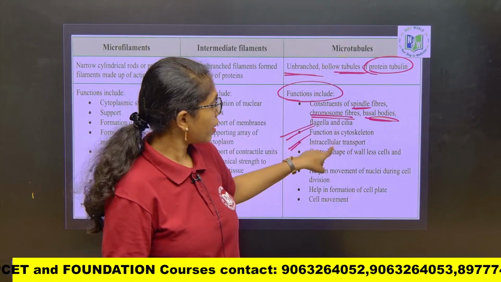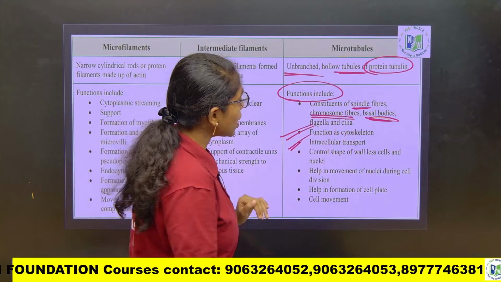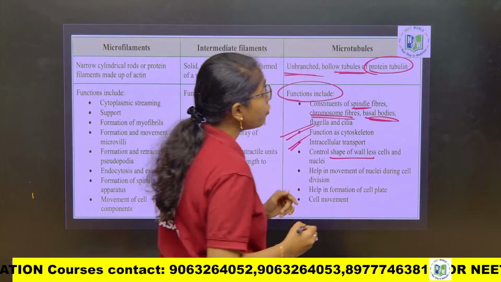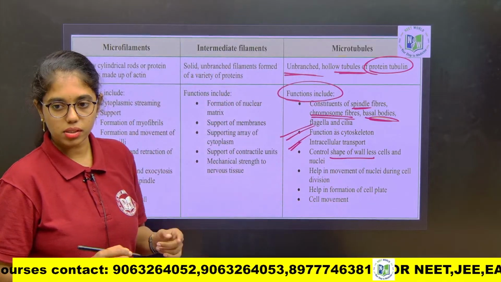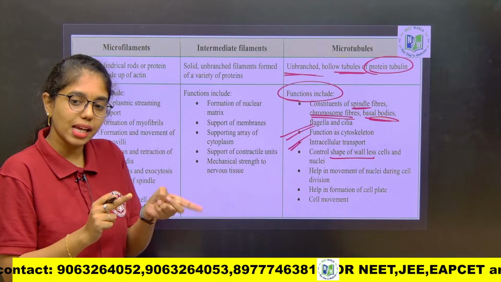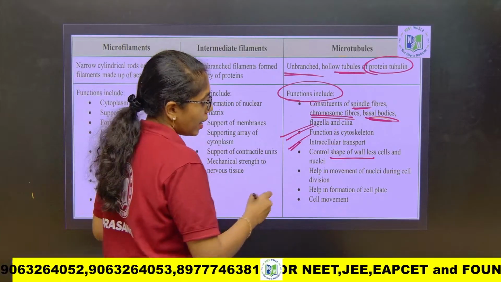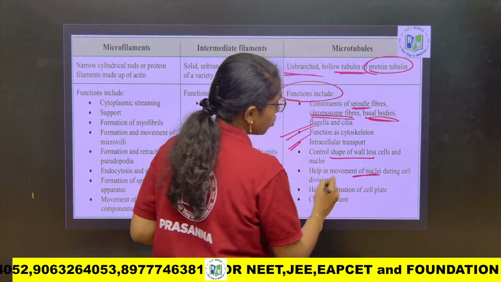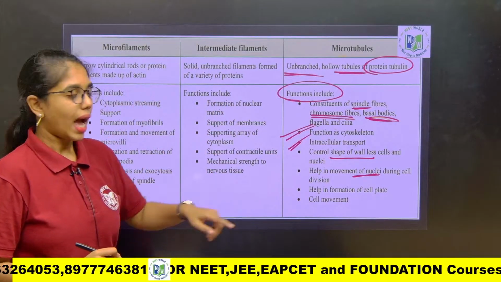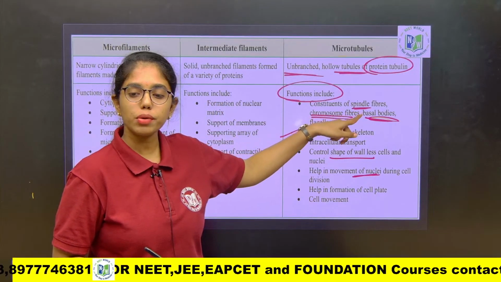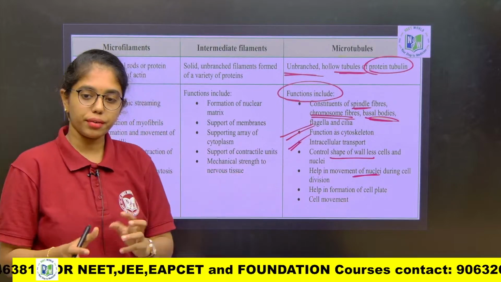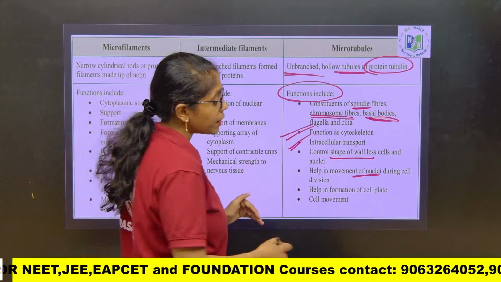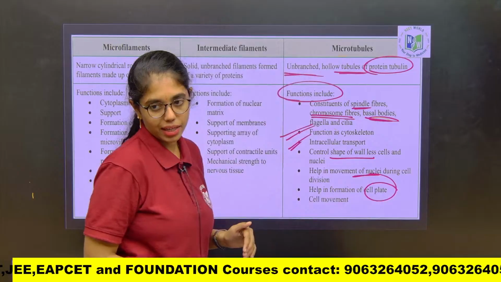Next is control of shape of wall-less cells and nucleus. This also helps in movement of nuclei during cell division, as it helps in the spindle apparatus formation. They help in the formation of cell plate in the plant cell.